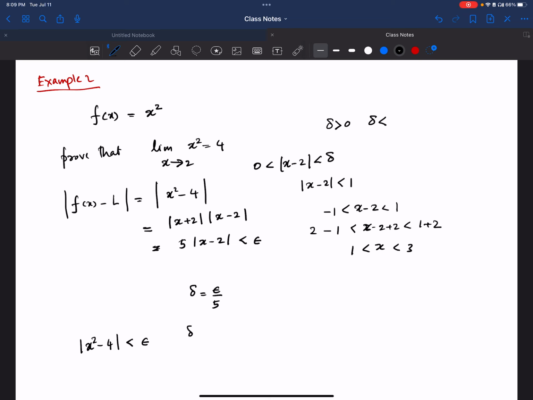Choosing delta equals epsilon over 5, you can ensure that the magnitude of x minus 2 is less than delta, or epsilon over 5, right? So that's how you prove by using the formal definition of limit.